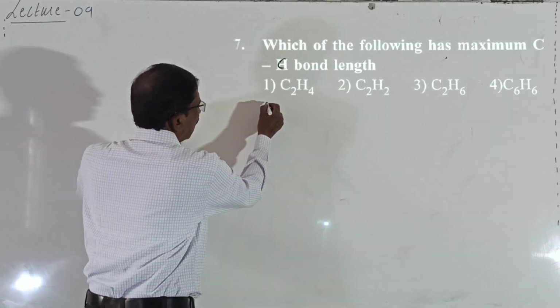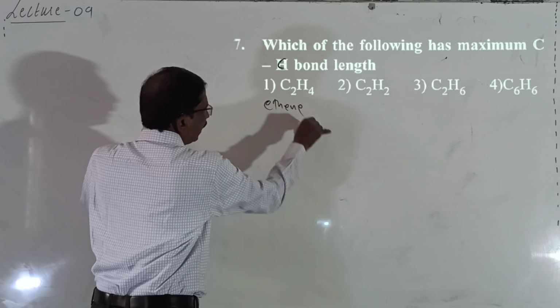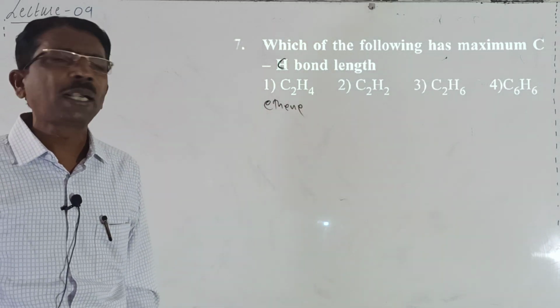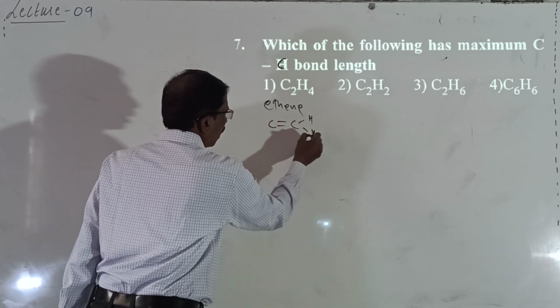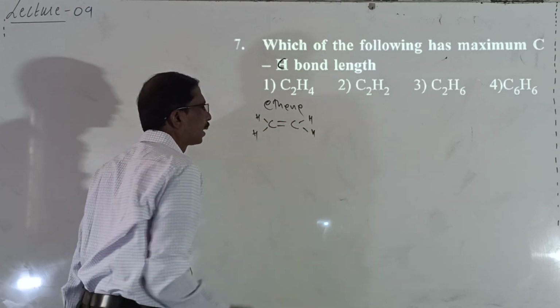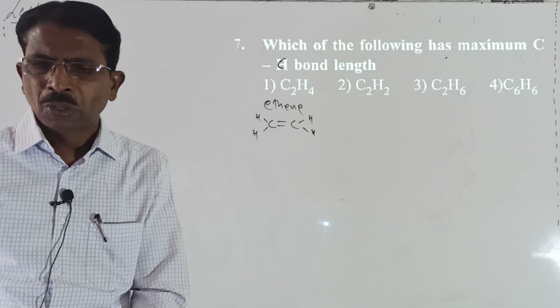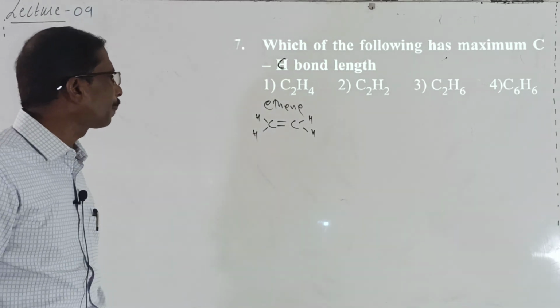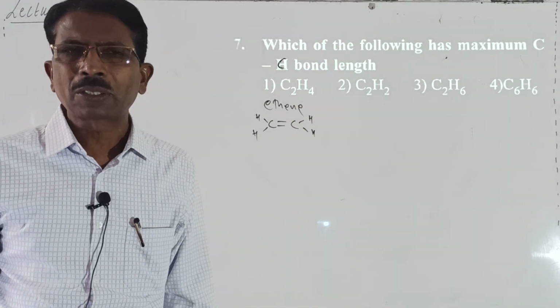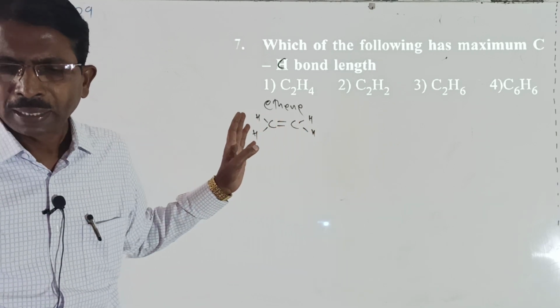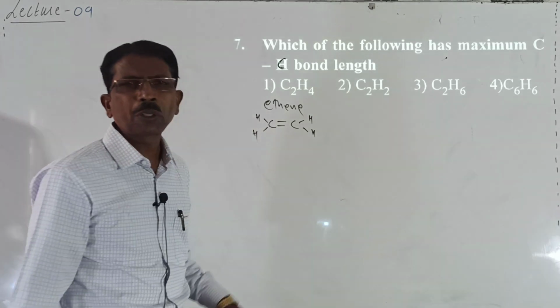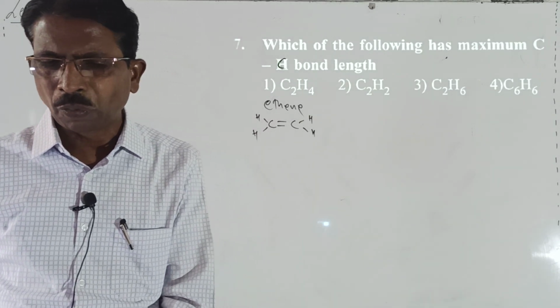Ethene has a carbon-carbon double bond. So what is the bond length here? We know that in the carbon-carbon double bond, as I explained in the beginning class, it is near about 134 picometer.